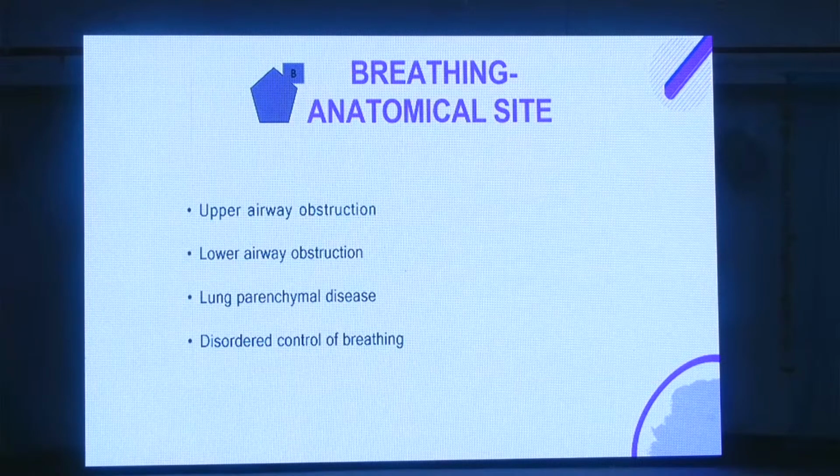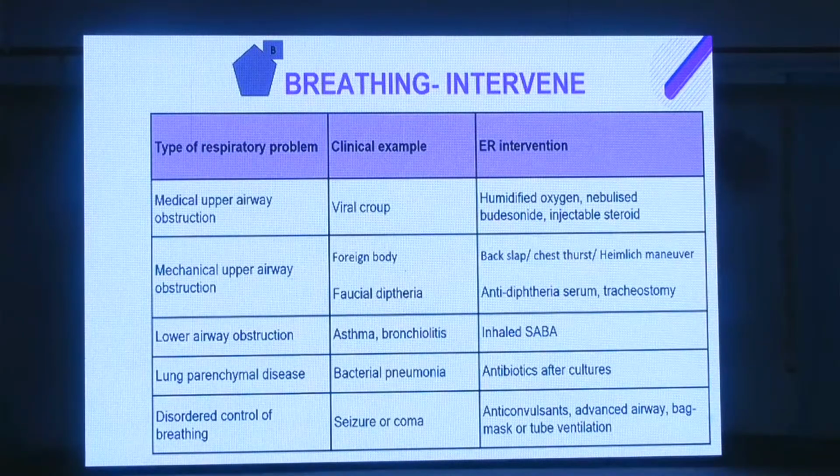And classified further as anatomical signs: upper airway obstruction, lower airway obstruction, lung parenchymal disease, and disordered control of breathing. In breathing interventions, medical upper airway obstruction, like croup, can be treated with humidified oxygen, nebulization like budesonide, salbutamol, Budicort, something like that, and injectable steroids like hydrocortisone.